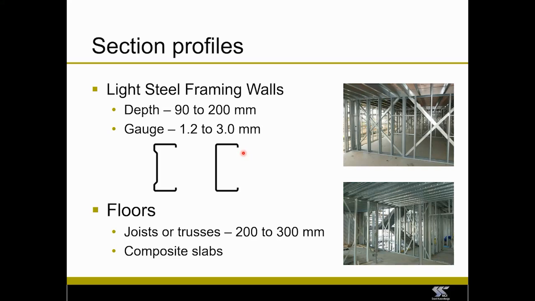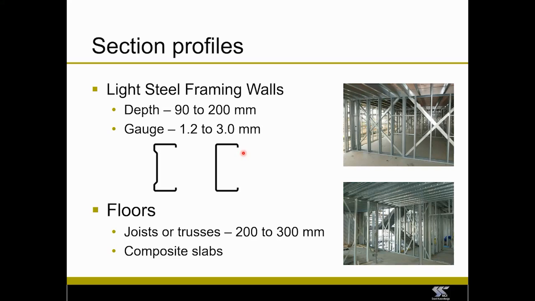Obviously, we've got typical section depths, which vary greatly depending on the application, but a wall stud maybe 90-ish to around 100, 120 in terms of depth. The gauge, anything from 1.2 up to 3 millimeters, obviously depending on the resistance required for the particular stud.